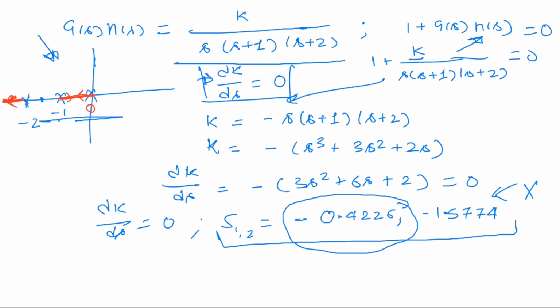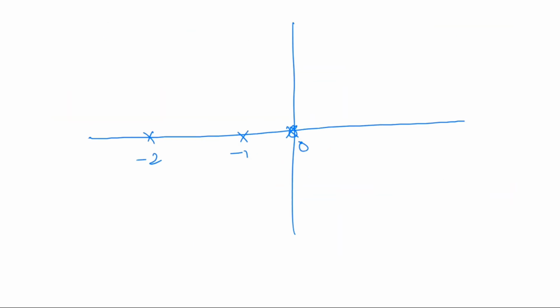After getting the breakaway point, the root locus goes towards infinity, because there is no physical zero given in the transfer function. So all three poles are going towards zeros which exist at infinity.